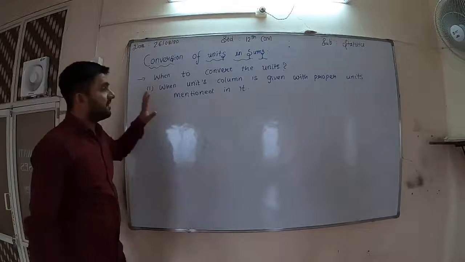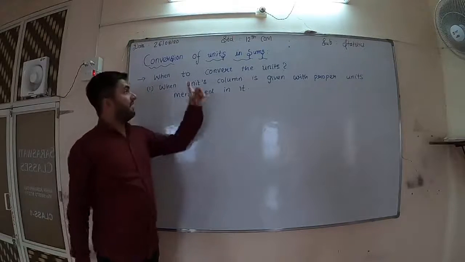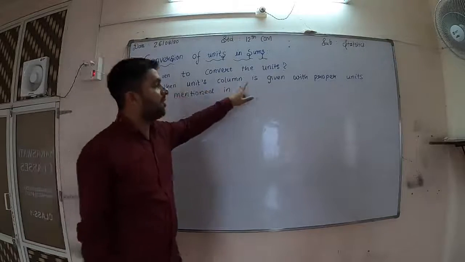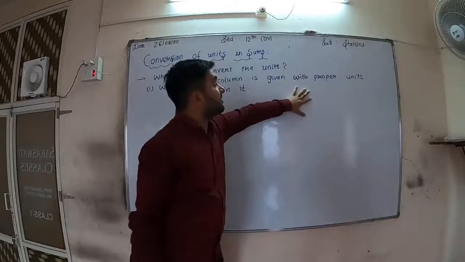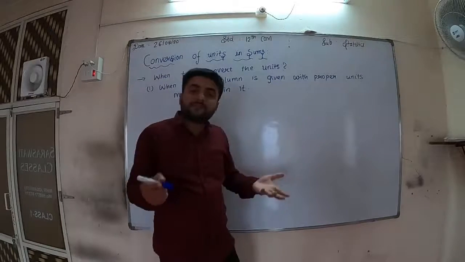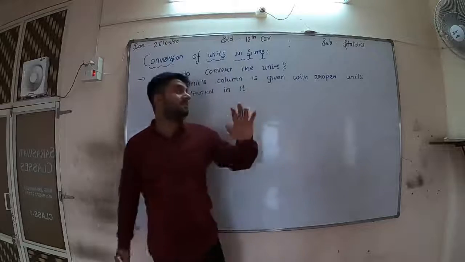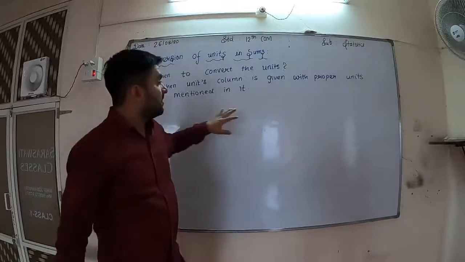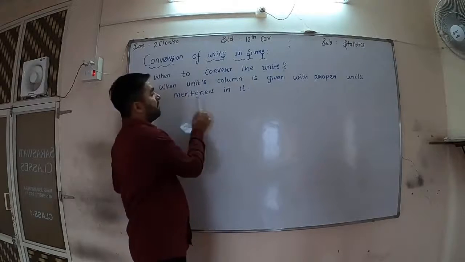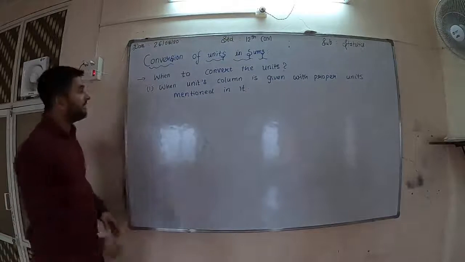The first condition when to convert the units is that the units column is given with proper units mentioned. In sum number 3 also the units column is given, but the units are not mentioned properly. So the basic condition is that the units column is given with proper units mentioned in it.